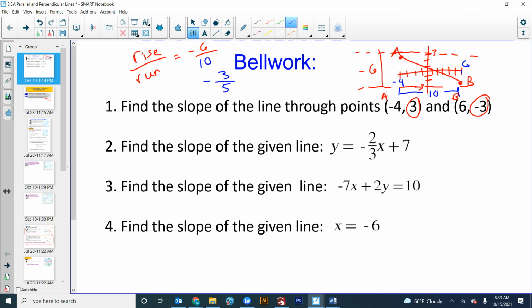Can you write -3/5 like this, where I have the negative out to the side? Yeah. And can you write it like this? All three of those are equivalent? Wow, we're changing minds today. Take out your calculators.